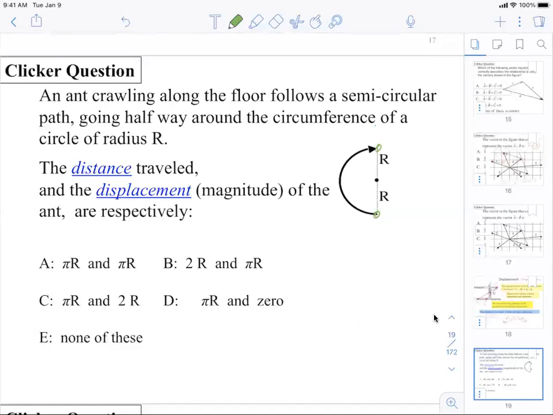Okay, I'm going to end the poll and let's take a look. We have a majority of agreement for C. Let's take a look.